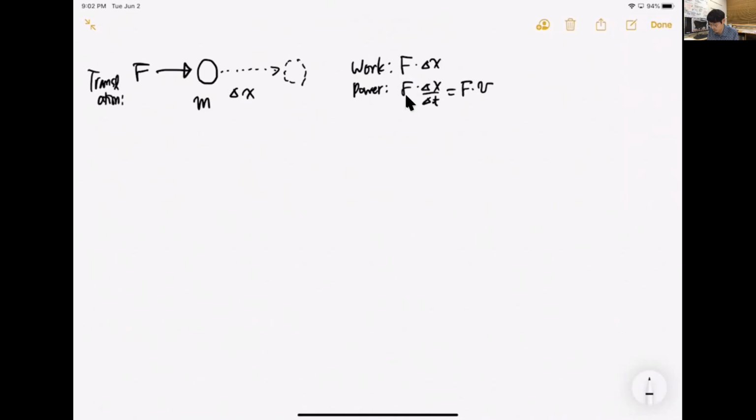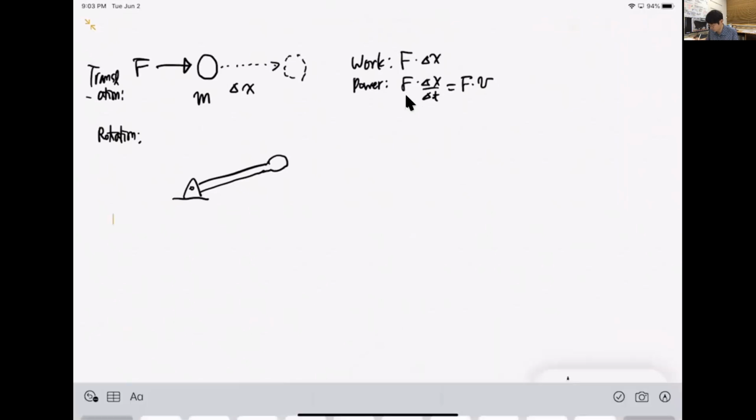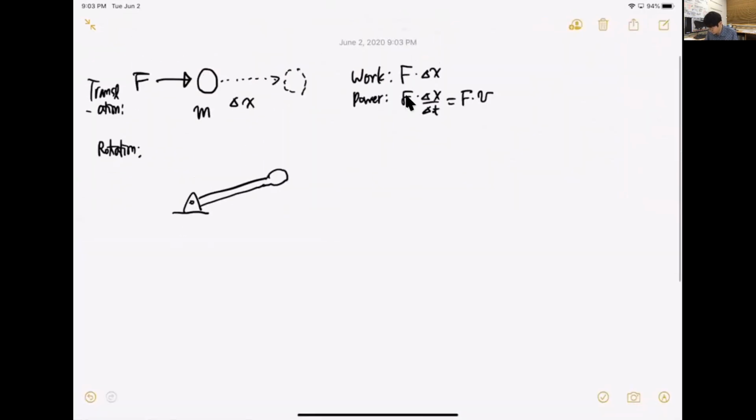And in terms of a rotational system, let's say there's a hinge or a wheel, and we have this mass over here, and we give a force like this, and this is the arm length R. Then what happens with this force?